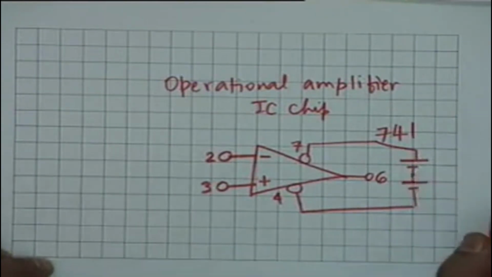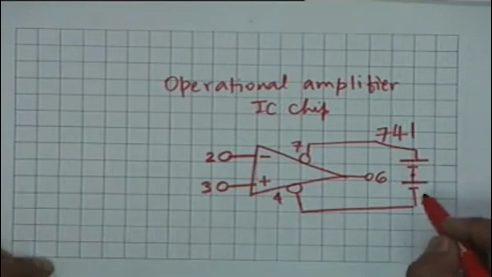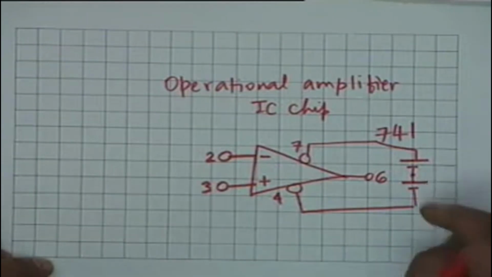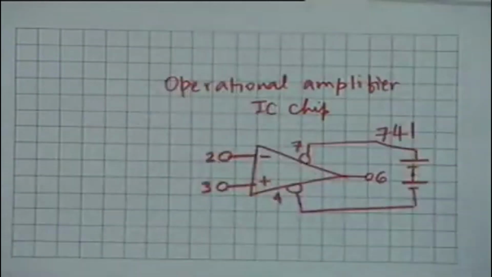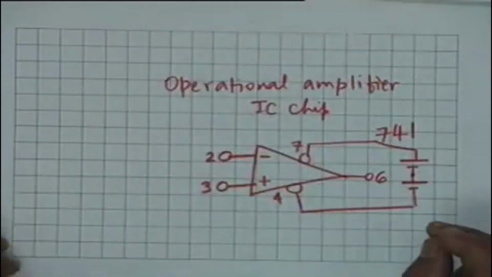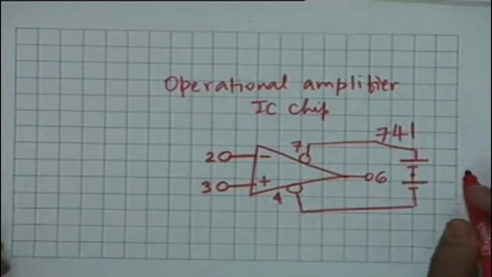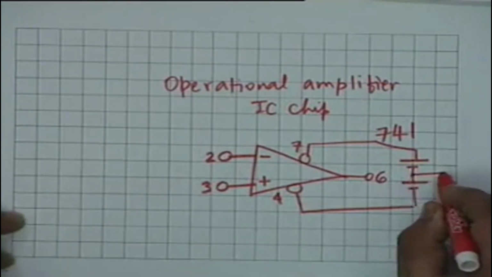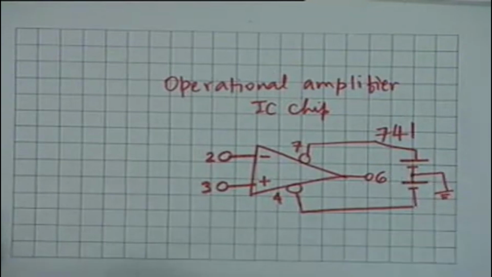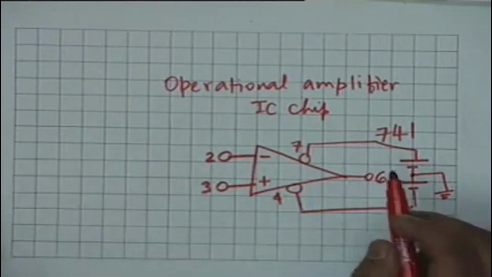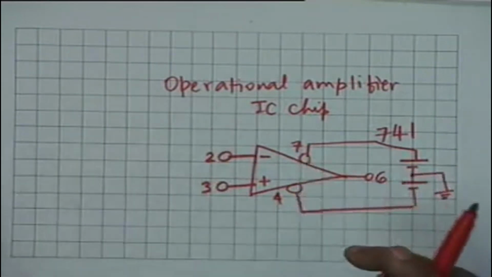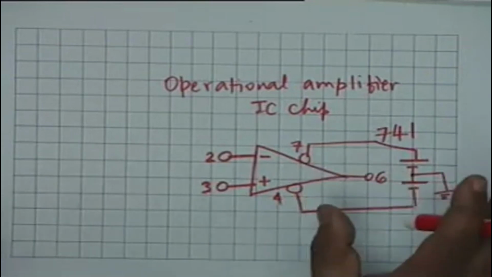I am showing this as a series of batteries. This is actually a rectified AC which is available in the laboratory in the form of a box, and it is called power supply. All that it supplies is DC. The middle point of the supply is the reference potential and is connected to ground. All right. As far as amplifier characterization is concerned, 4 and 7 do not come into the picture.